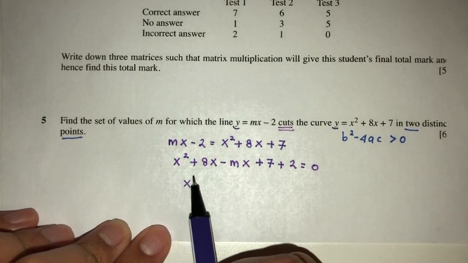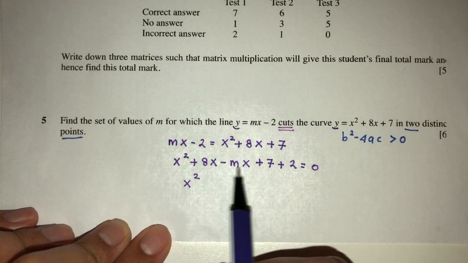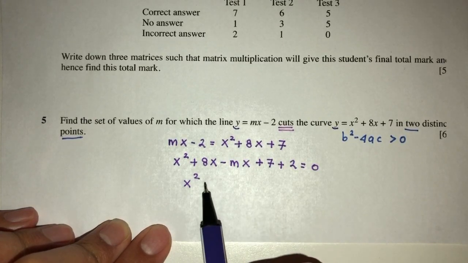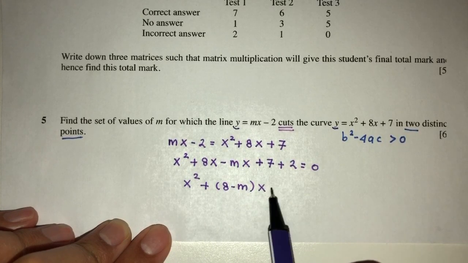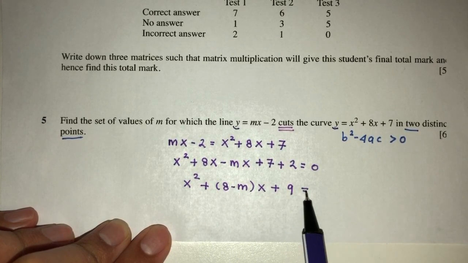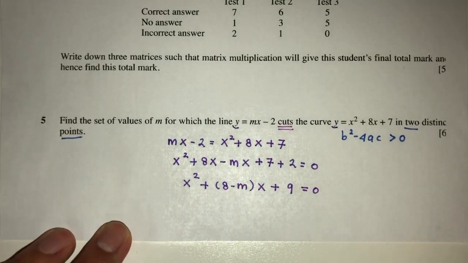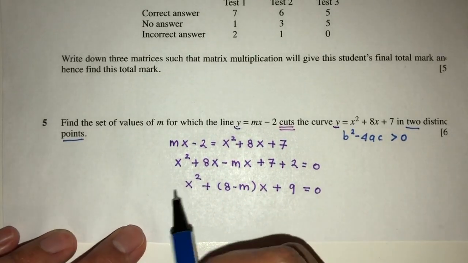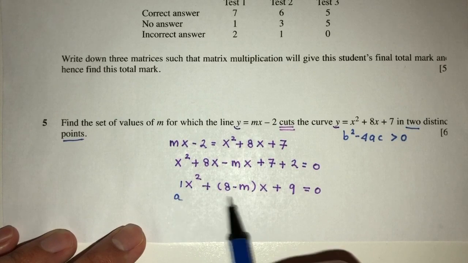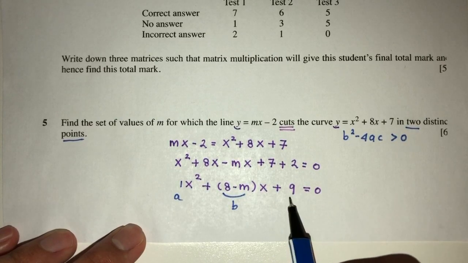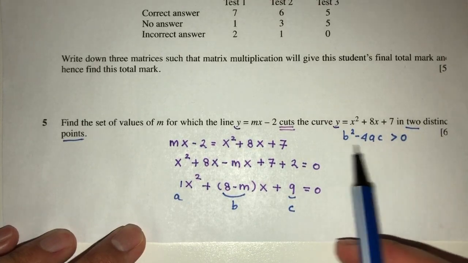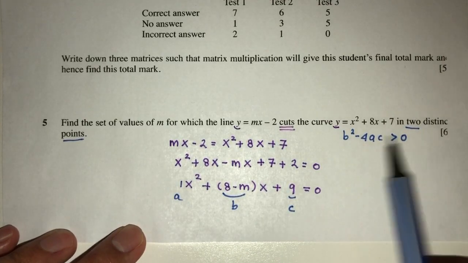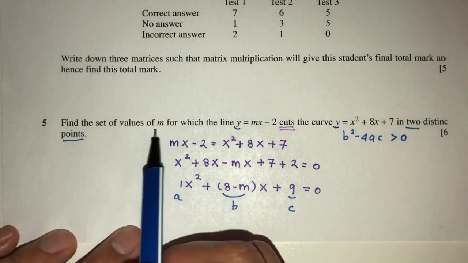Simplify. X squared, we can factorize the x outside. You will have plus 8 minus m, x plus 9. Now if you observe, this one is a quadratic equation where this is 1, which is a, this will be b, and this is c. So we have to replace these values in this main equation to solve our main question, the values of m.